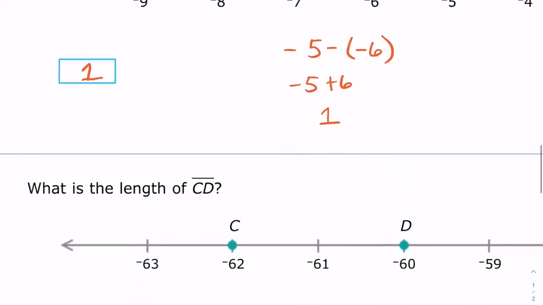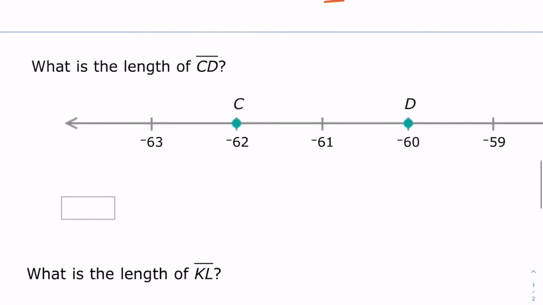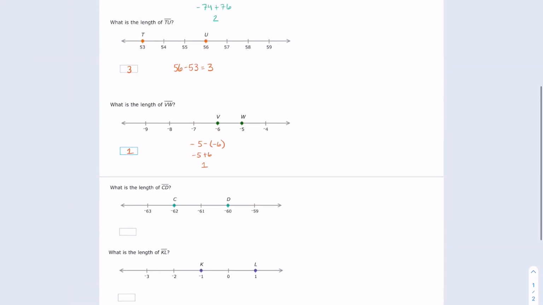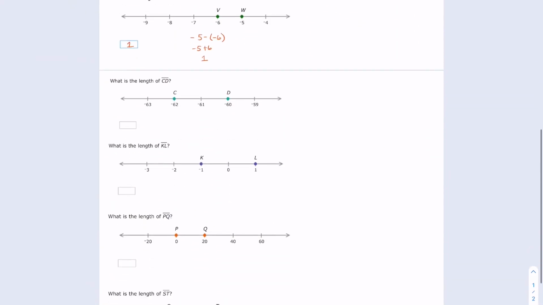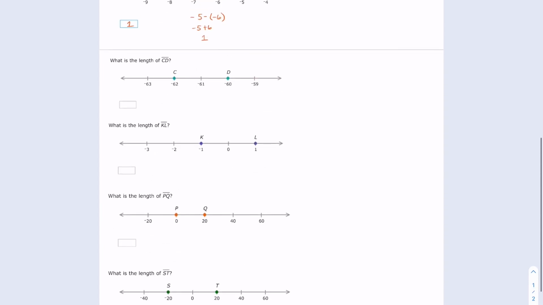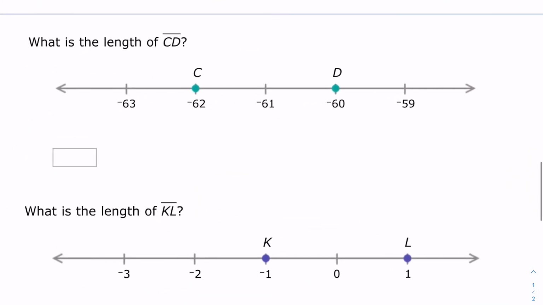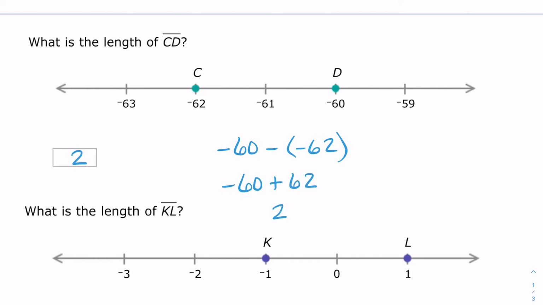So, all right. Here's another one. Okay, they get more difficult, trust me. All right, so here's 1, 2. So this one is 2 units. Again, negative 60 take away a negative 62 is the same as negative 60 plus 62. 62 minus 60 is 2.